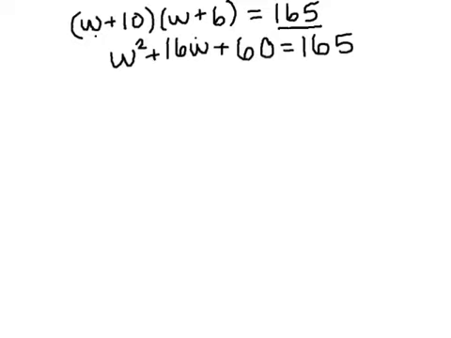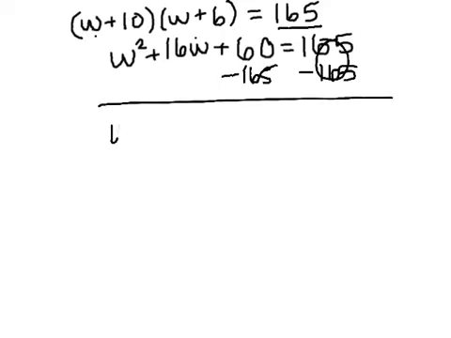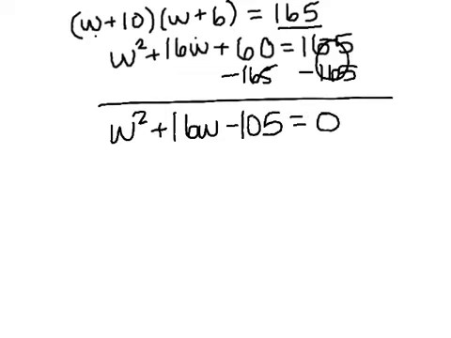You have to have it be a regular polynomial in standard form. So we subtract 165 now from both sides, cancels that out to 0, and we have W squared plus 16W minus 105 equals 0.